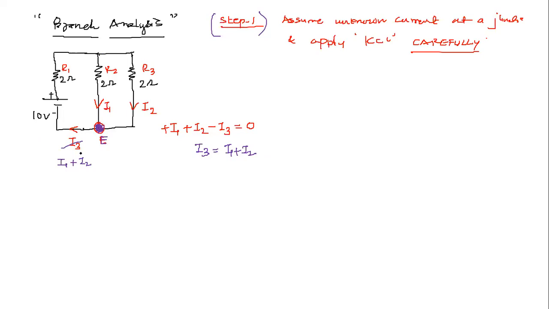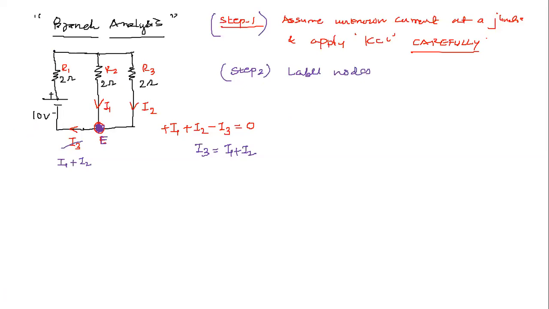But some of the students may have a doubt, why every time I take this junction, why can't I use this junction to apply KCL? That is fine. Then the second step is to label the nodes, right?